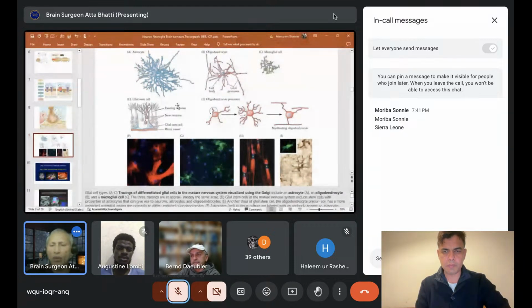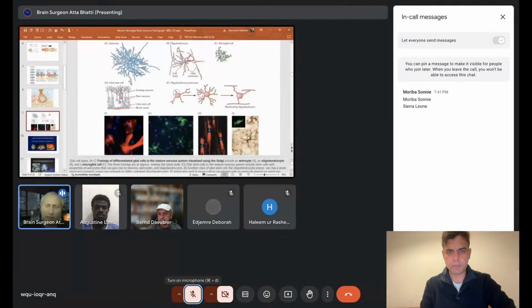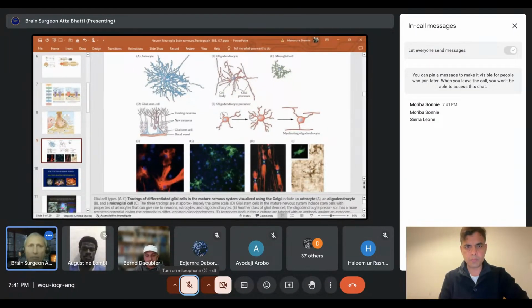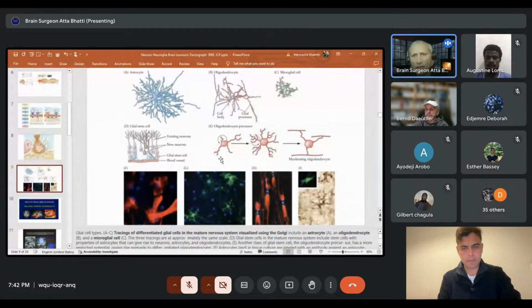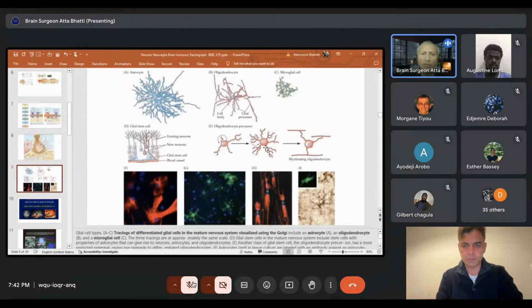The importance of this tissue is they are a favorite site of neoplastic activity, because these astrocytes are supportive. There is a dynamic activity. They are also like the white blood cells of the brain. These oligodendrocytes are also the protectors, scavengers, the nutritional component, the protective component. All these functions are there.